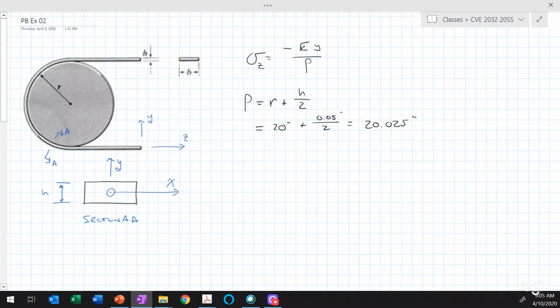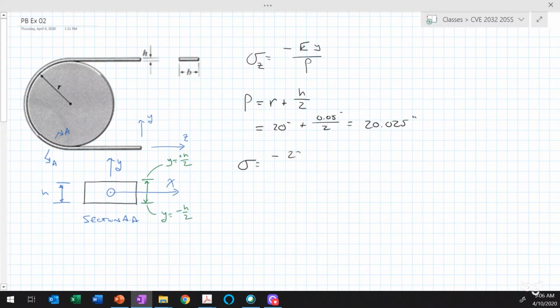So given this, then all we need is y. And if we're looking for the maximum value of the stress, then we'll put in y at the top fiber or at the bottom fiber. So down here, y would be equal to minus h over 2. And then up here, y would be equal to a positive h over 2. So we can calculate those stresses, and I'll do it like this.